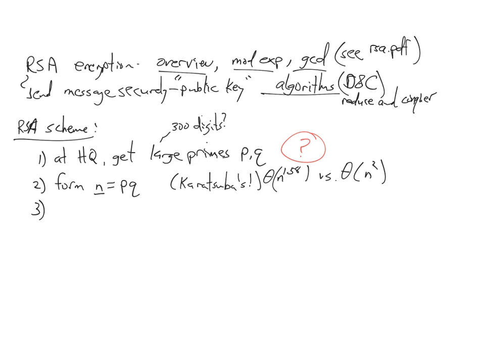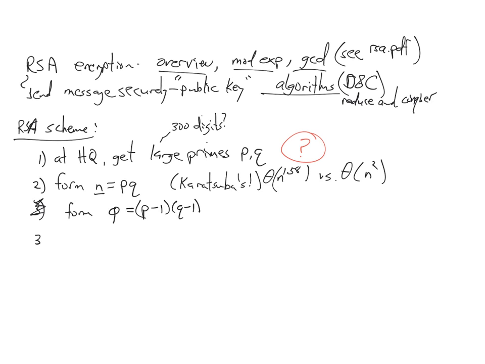Then we also form, strangely, but we'll see exactly why later in this video, the quantity phi, which is P minus 1 times Q minus 1. And we'll come back to that shortly.